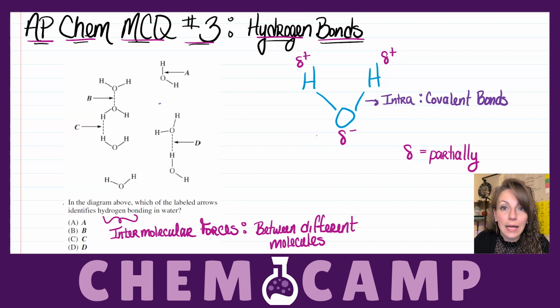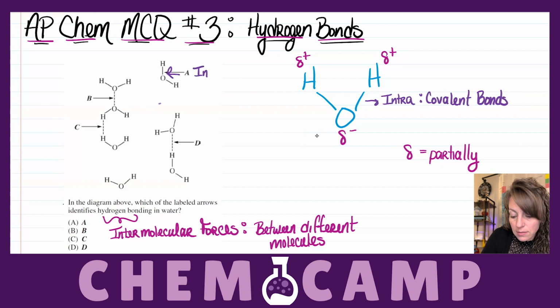So let's analyze each option the College Board gives us here. In this first molecule, or letter A, if you take a look, that arrow is actually pointing towards a solid line between the O and the H, and that's within the molecule.